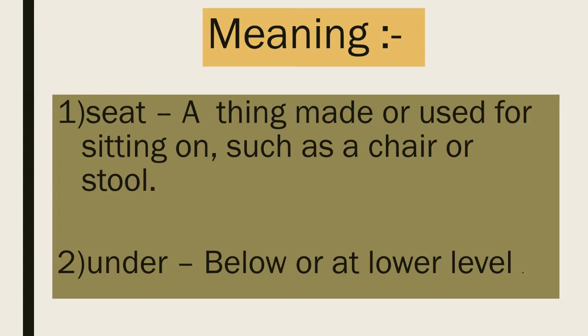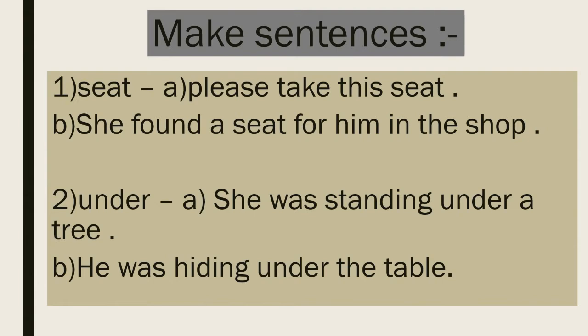So, let's frame sentences from these two words. Make sentences. Here are the words from which we have to frame sentences. I have framed two sentences from both words. Let's read the sentences. The first word is seat. The first sentence I have framed is, please take this seat.